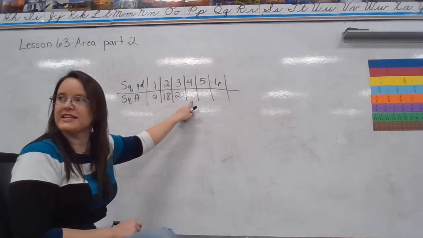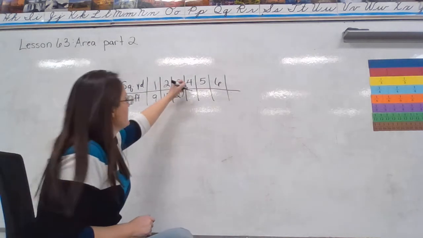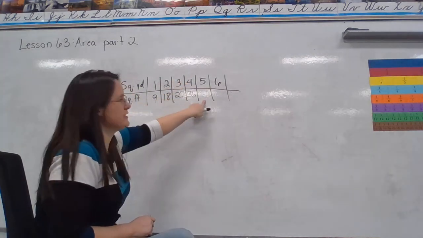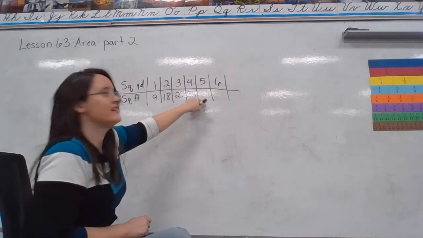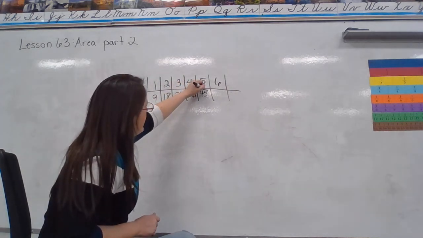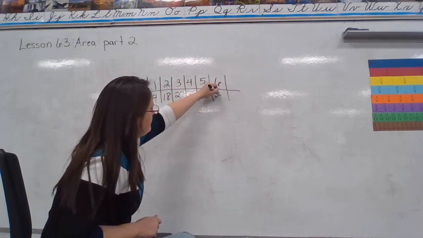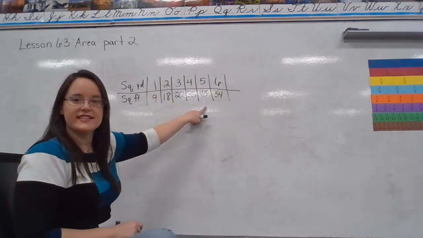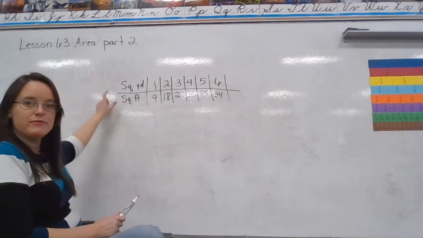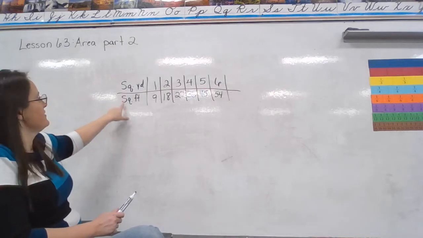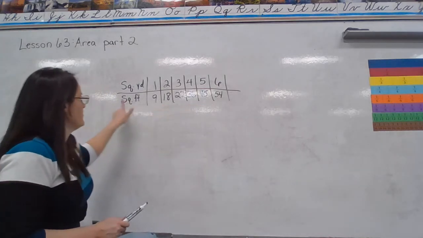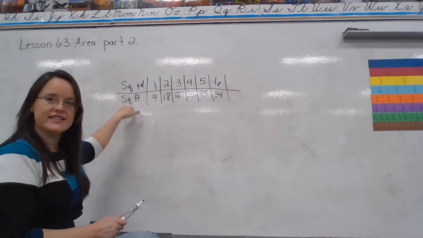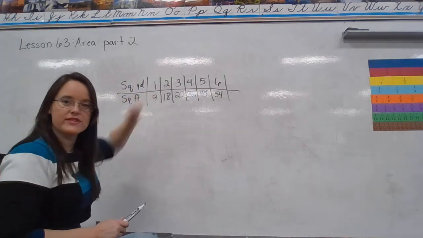What's 27 plus 9? 36. 36 plus 9? 45. And 54. And this is a table, so our labels are over here already. They're telling us everything in this row is talking about square feet versus everything in this row is talking about square yards.